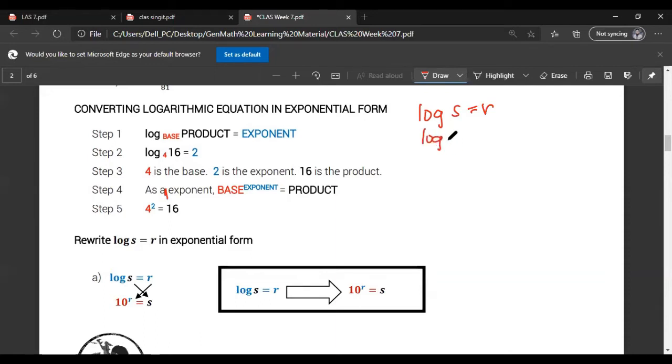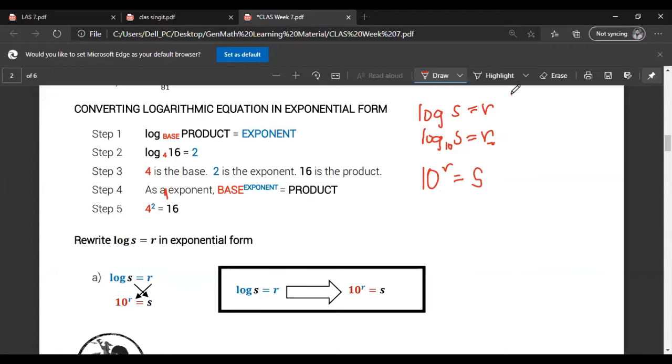So we have logarithm of s with a base 10 is equal to r. You can write it down in the next step so you won't be confused. Then take the base, which is 10. What is the exponent? The answer. So we have 10 raised to r is equal to s.